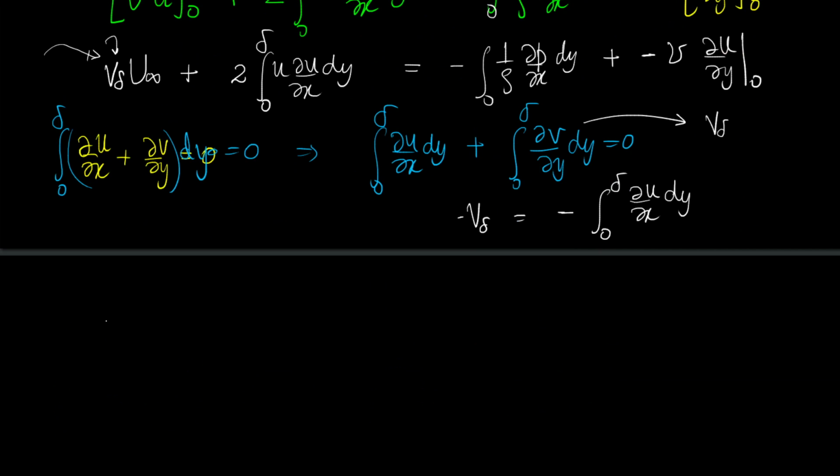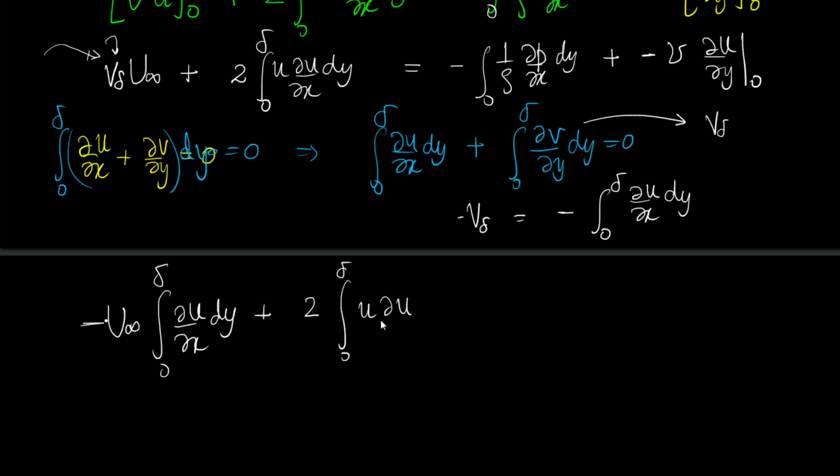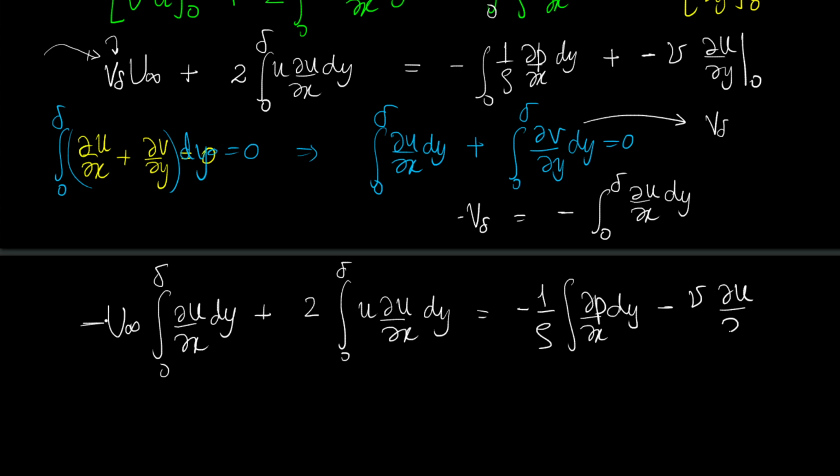So this becomes minus u infinity integral 0 to delta del u del x dy plus twice integral 0 to delta u del u del x dy is equal to minus 1 upon rho integral del p del x dy minus nu del u del y at y equal to 0.